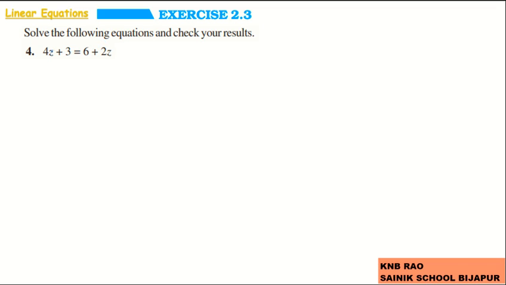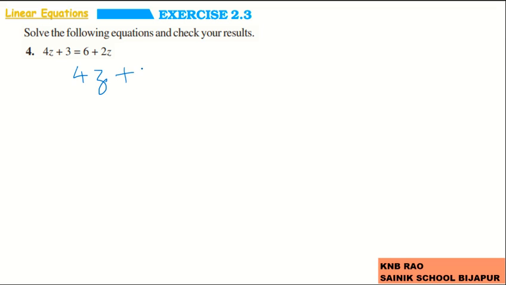Students, we are given linear equations in one variable having the variable on both sides of equality. You could see here z is the variable, and the variable term is 4z on the left hand side.